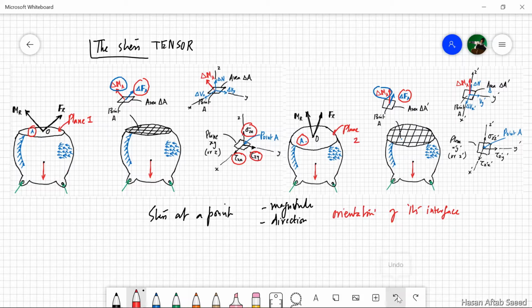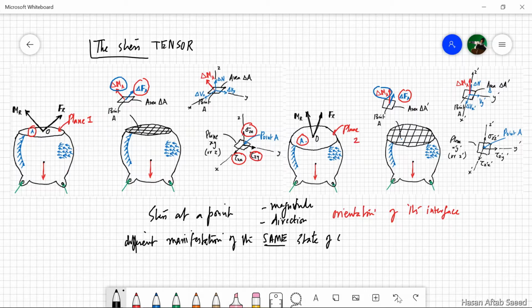However, since it is the same point that we are talking about, it must be a different manifestation of the same state of stress on the different interfaces.